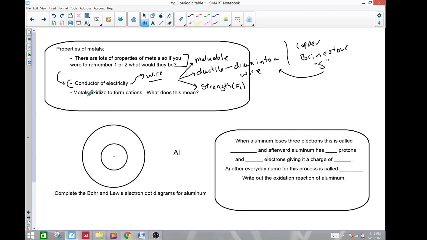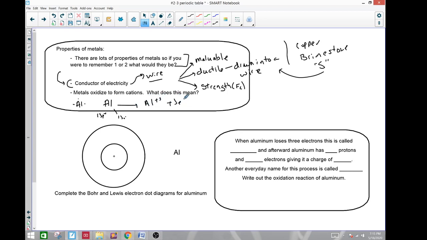All right, metals can oxidize to form cations. What does this mean? Well, we know from our last chapter that metals have a small number of valence electrons, let's say, for example, aluminum. In order to get a full outer shell, they need to lose those electrons. So for example, aluminum, which typically has 13 protons and 13 electrons, will go to aluminum plus 3.